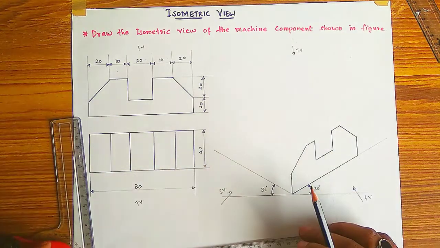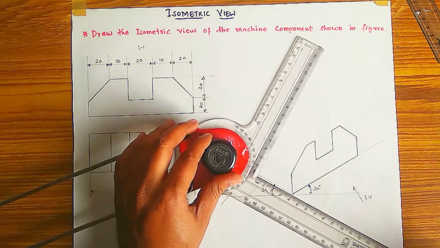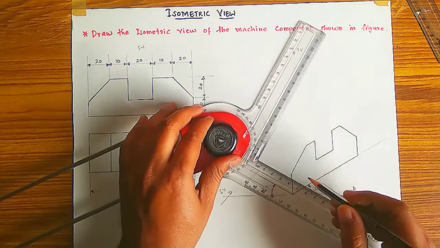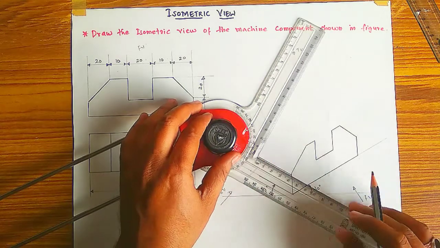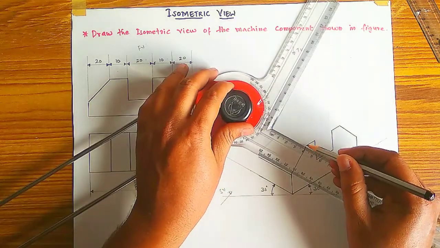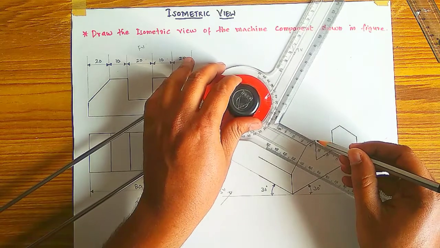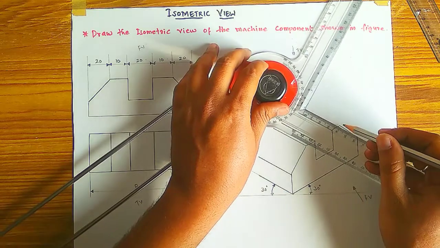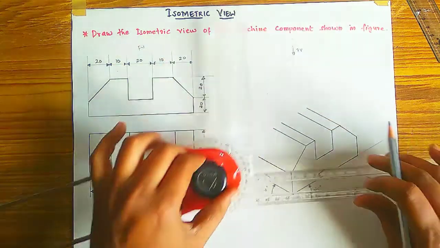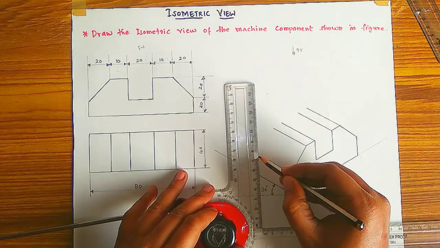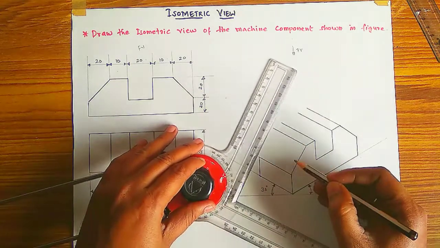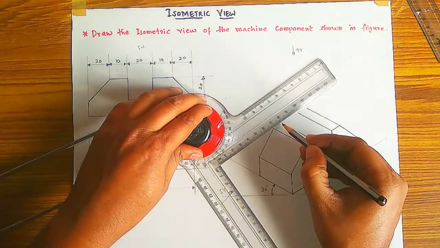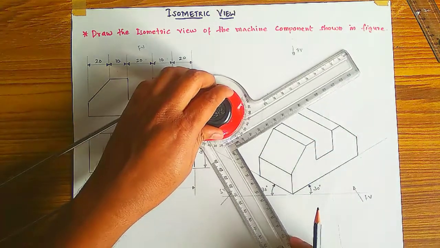So we draw a 40 mm line from here, like this, and from here also 40 mm, and from here also 40 mm. Join these lines vertically like this, and this is a slant, so we join the slant like this, and this one also.